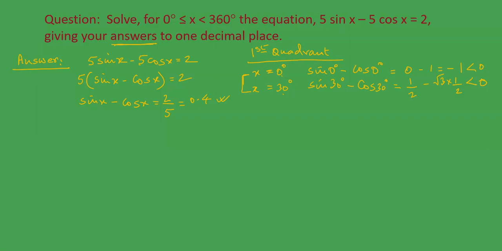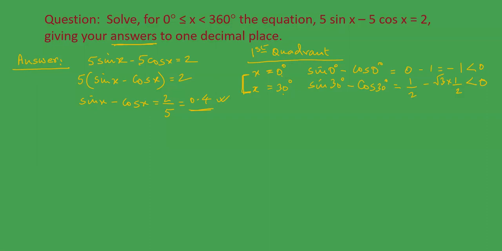So for all angles lying between 0 degrees and 30 degrees, sin x minus cos x will be negative, less than 0, not a positive difference. Okay, so we cannot have a value of x less than 30.